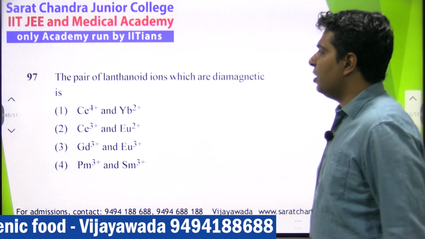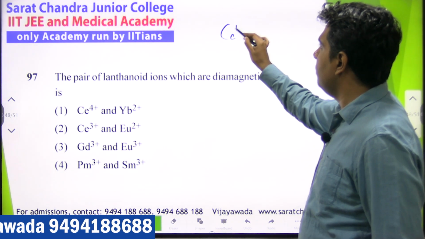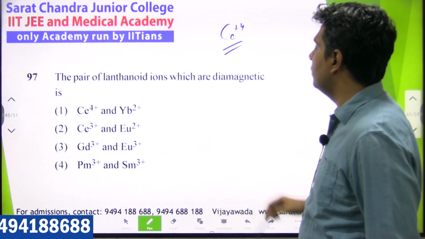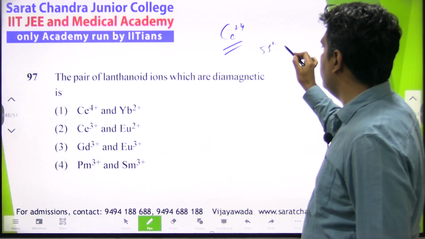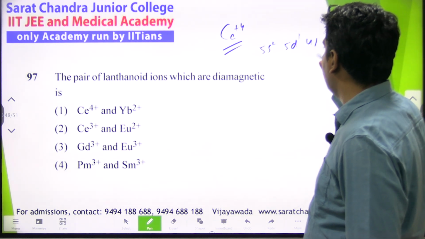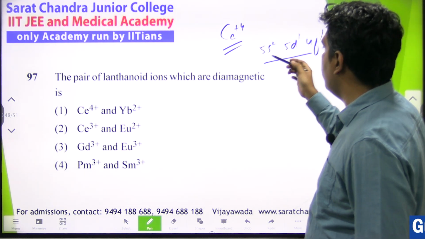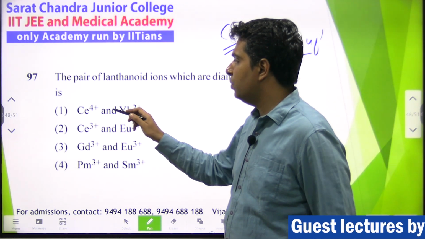The pair of lanthanides which are diamagnetic. So cerium plus 4. The configuration is 5s2, then 5d1, then 4f1. So for cerium plus 4, all the 4 electrons will be removed. So 0 electrons, that is, no unpaired electron.